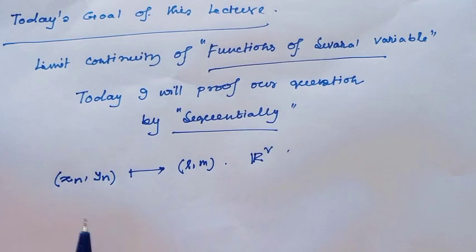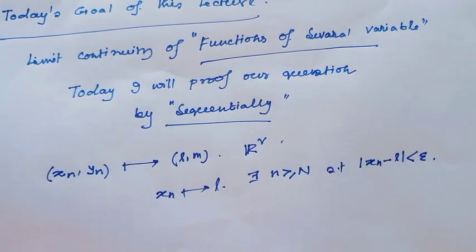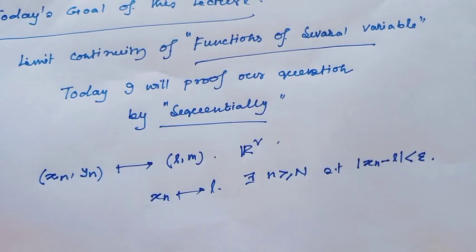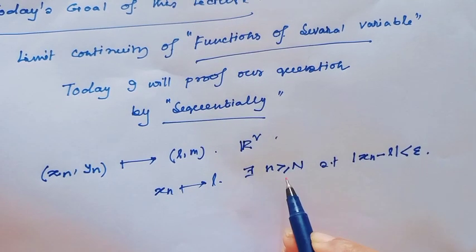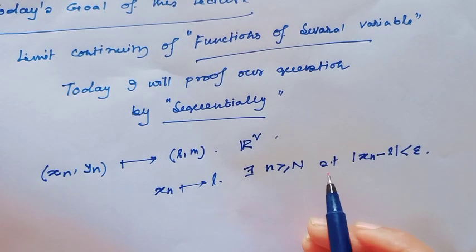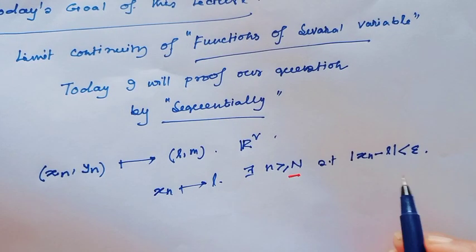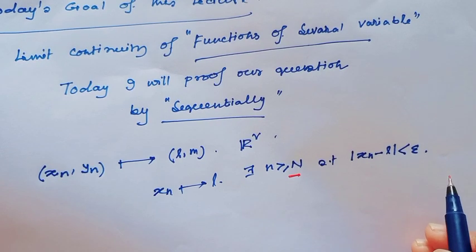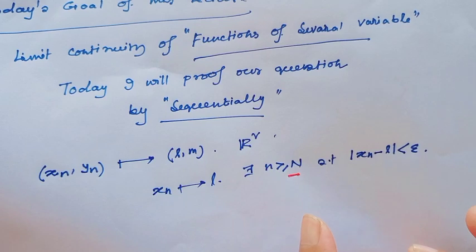What do we mean by (xn, yn) converges to (L, M)? On the real line, we all know xn converges to the limit point L means there exists N such that for n greater than or equal to capital N, the absolute value of xn minus L is strictly less than epsilon. This idea is for the real line.